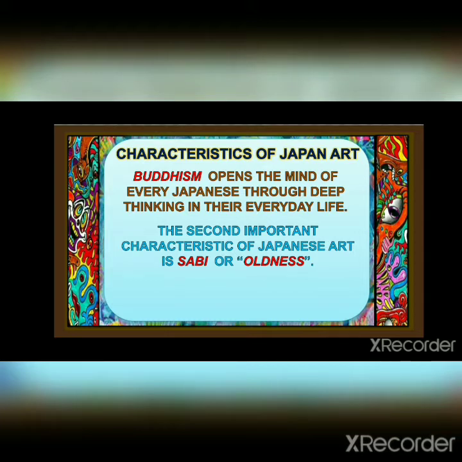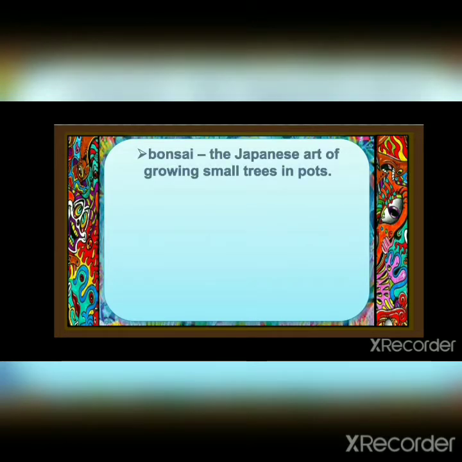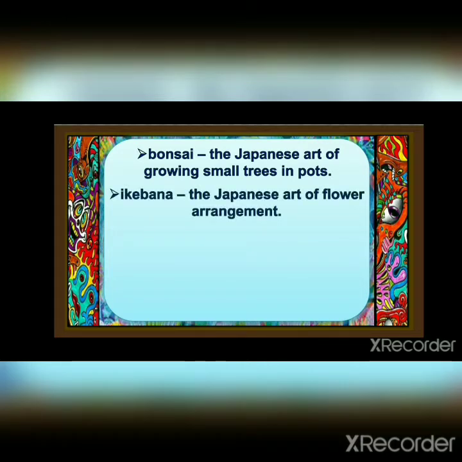And there are other different arts that began in Japan and are now practiced in some countries, like the bonsai. Bonsai is the Japanese art of growing small trees in pots. The second is ikebana, the Japanese art of flower arrangement.